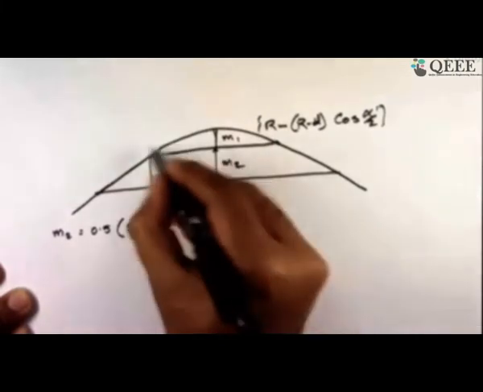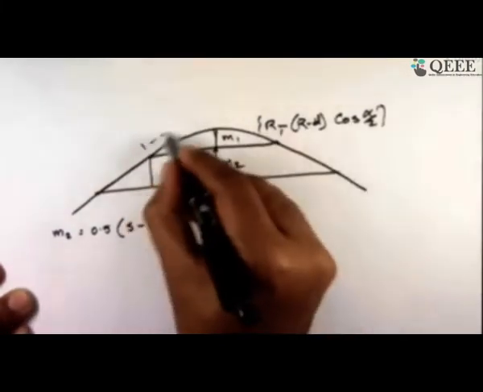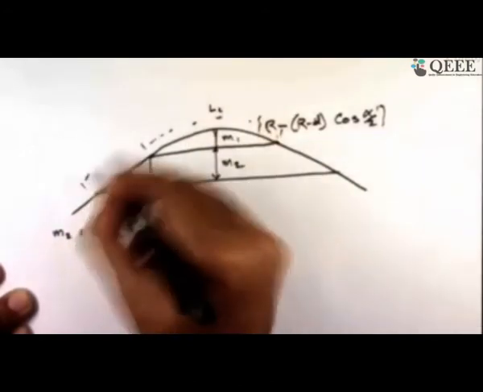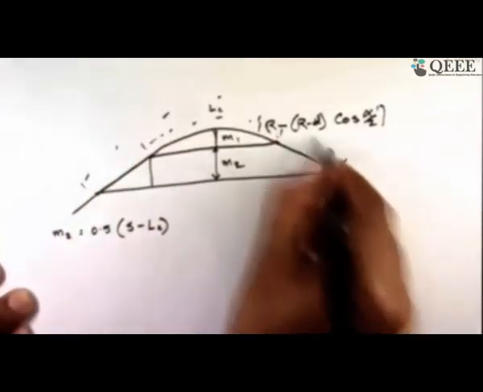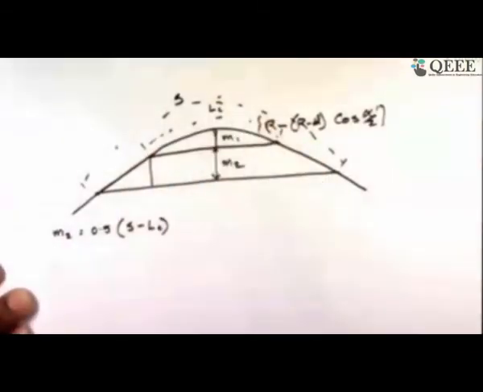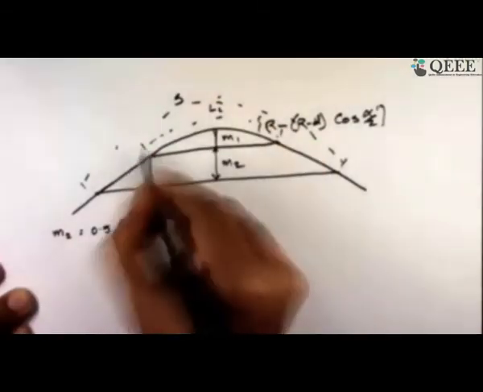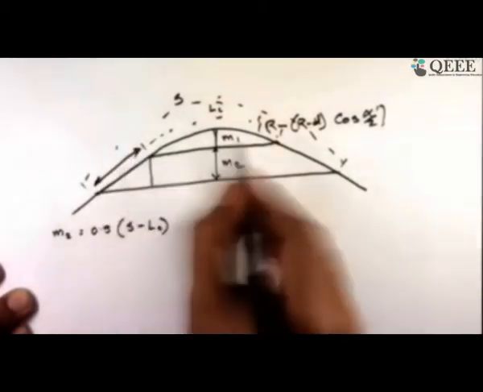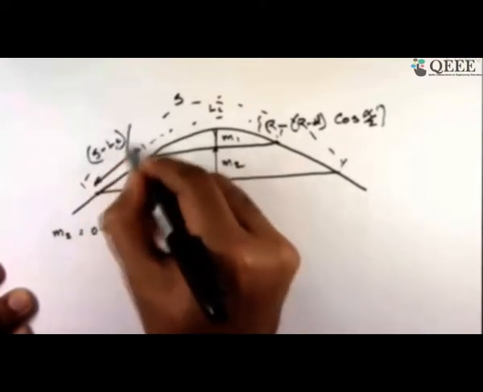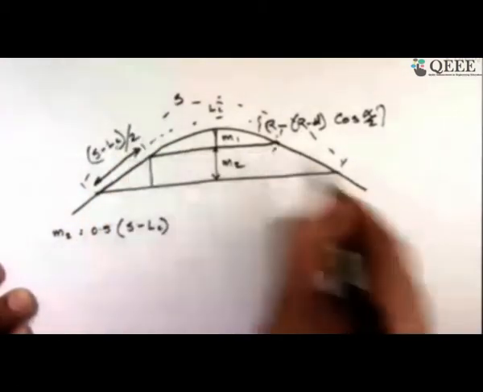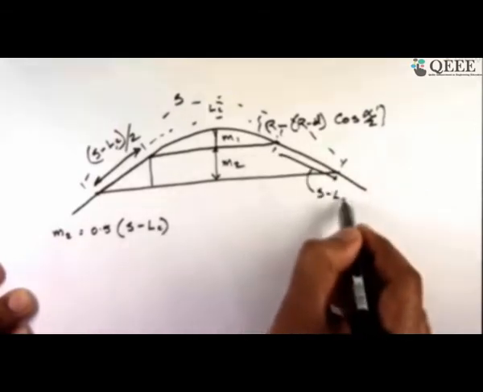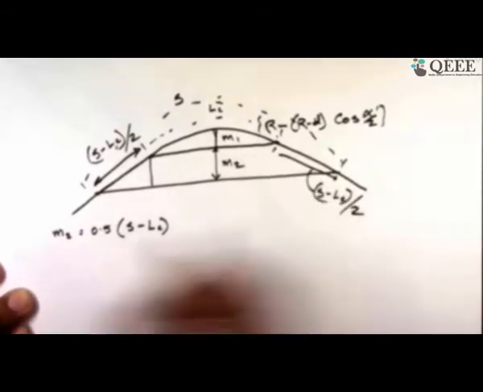So LC is this part, and the total from here to here is your S, right? So this portion is S minus LC divided by 2, and this is again S minus LC divided by 2. So this is what it is.